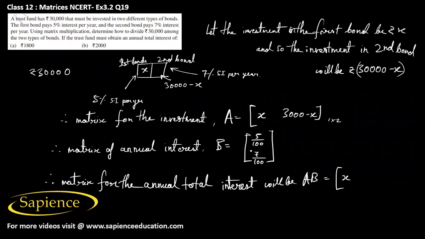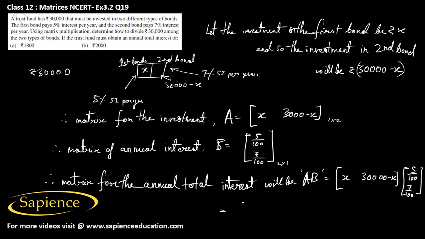So the matrix B is a column matrix since it has 2 rows and 1 column. Therefore, the order of the matrix AB will be 1 cross 1. It means it has only one element. So it will be X, 30,000 minus X, into 5 by 100 and 7 by 100.